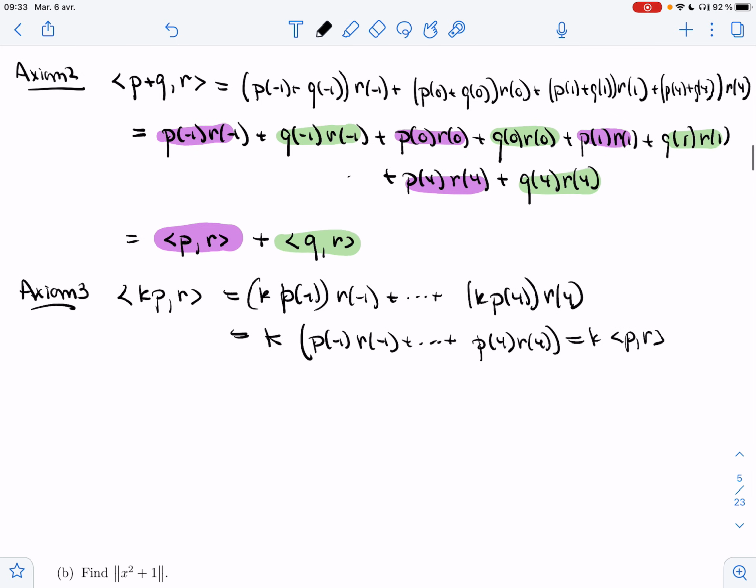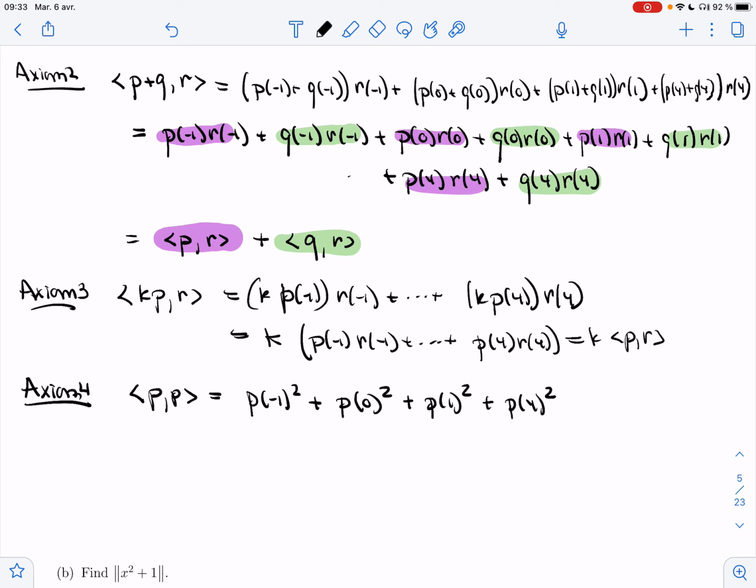All right, final axiom. That's the one that's usually a bit more interesting. First, what happens if I do PP? That's going to be P(-1) times P(-1), P(0) times P(0), P(1) times P(1), and P(4) times P(4).